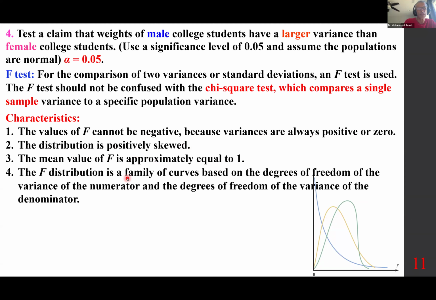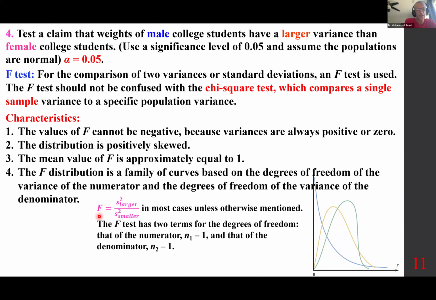The F distribution is a family of curves based on the degrees of freedom of the variance of the numerator and the degrees of freedom of the variance of the denominator. So F is S squared over S squared.